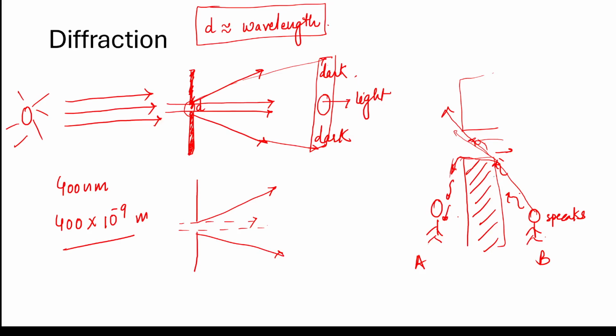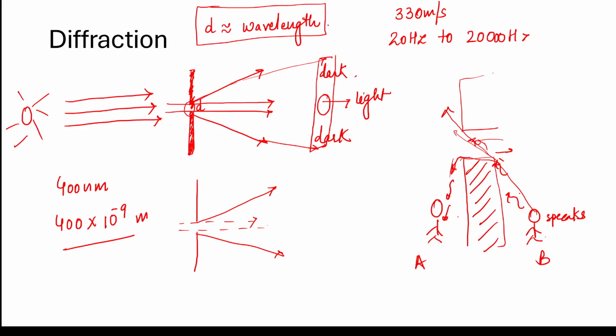Now for sound waves, consider the speed of sound to be around 330 meters per second, and the audible frequency range is from 20 hertz to 20,000 hertz.